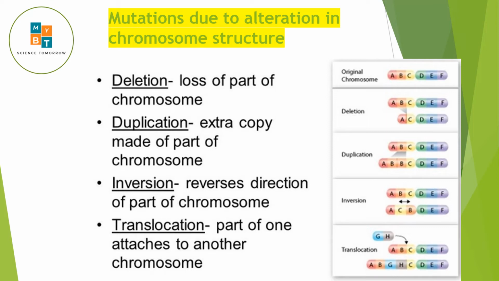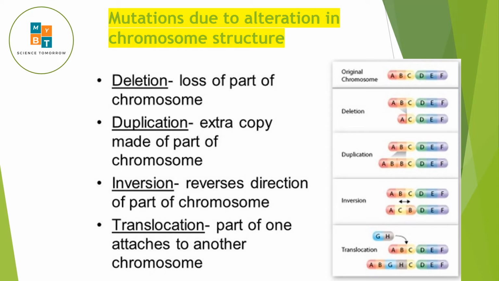And the other way of having a structural difference is that a part of another, separate chromosome will come and join with a chromosome. In the normal chromosome we don't have GH, but the GH will come and bind into the chromosome at the B place. So A, B, G, H.